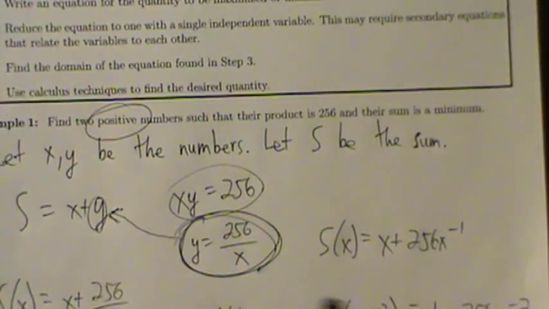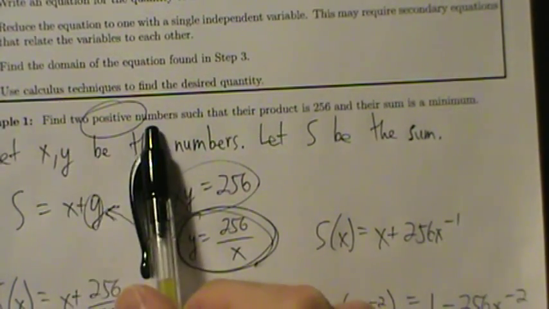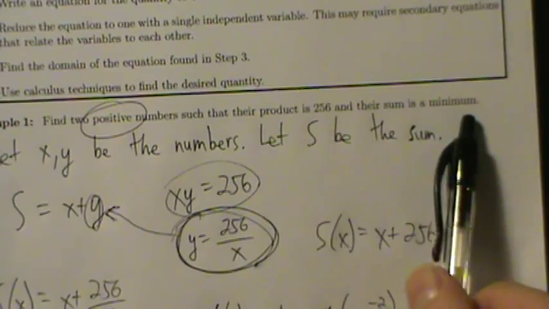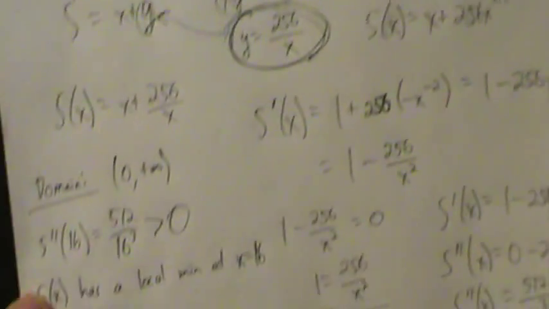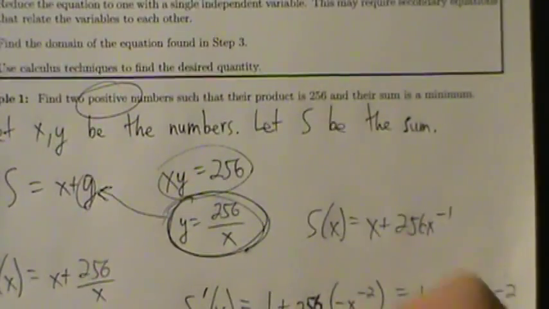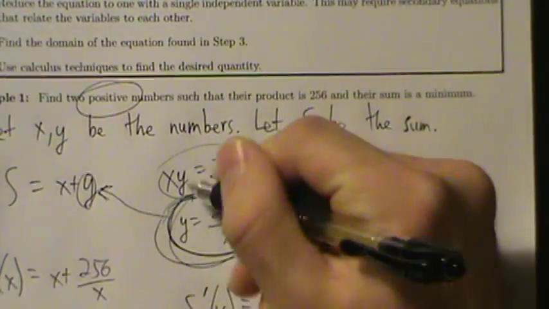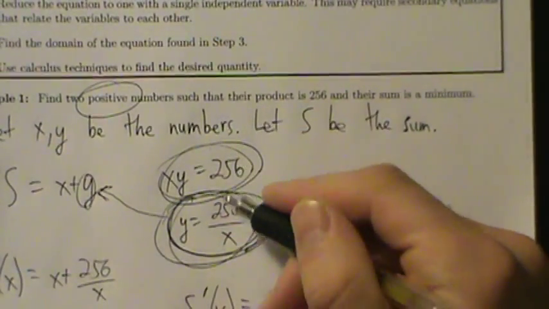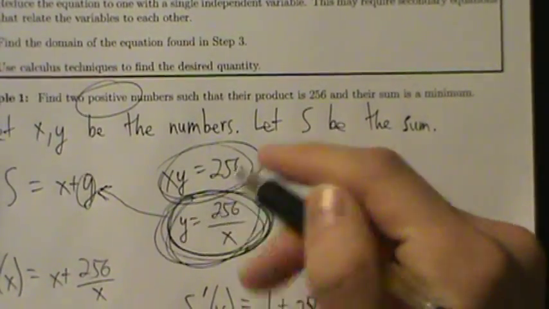The original problem was find two positive numbers such that their product is 256 and their sum is a minimum. So we found one of them, right? One of them is x equals 16. Now we have to find y. So how do we find y? Well, we go back to this equation here. Really, either one of these, we might as well just use this one because this one gives us y in terms of x.